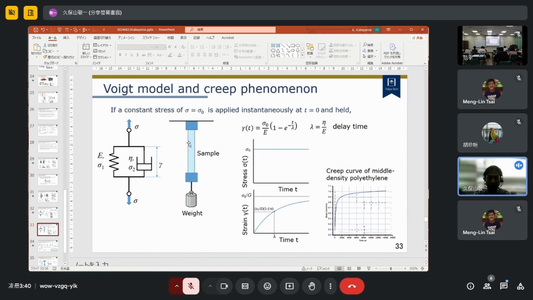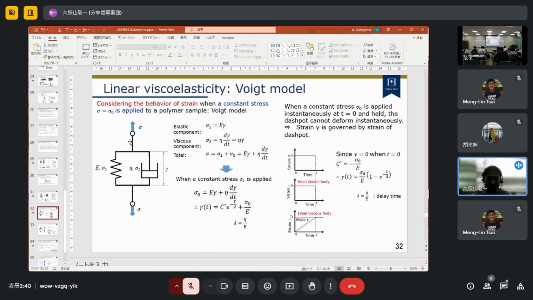For example, this one is a polymer film. Please imagine that this is a polymer film, and you put a weight below the polymer. After that, how does the strain of the film behave?